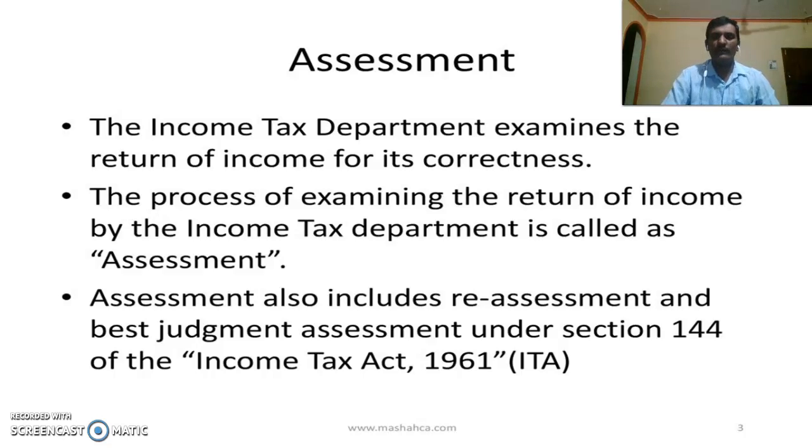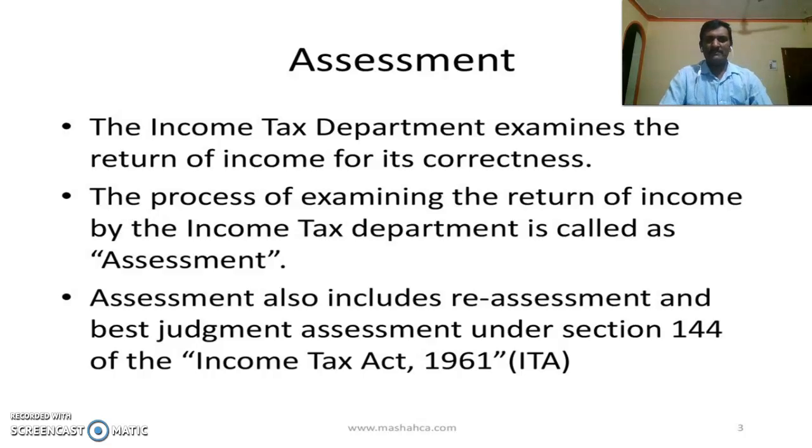Then we will get the total income. That is the second step. After getting the total income, which is also called the taxable total income, we have to charge the tax based on the provisions given during a particular year, and that is what we call the assessment.